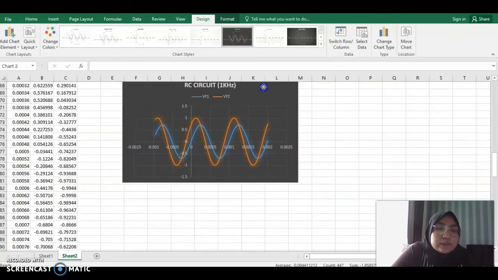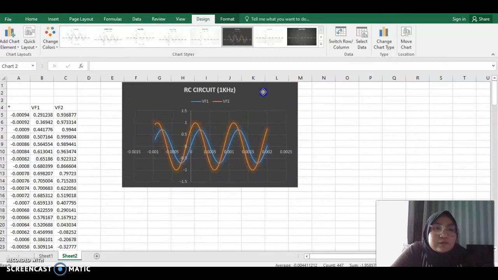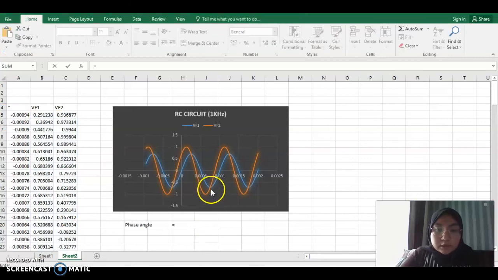So the blue one indicates the VF1, the orange one indicates the VF2. Now the last step is to calculate the phase angle. So the formula is 360 divided by period.